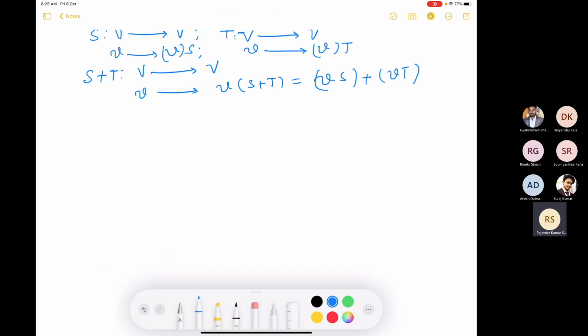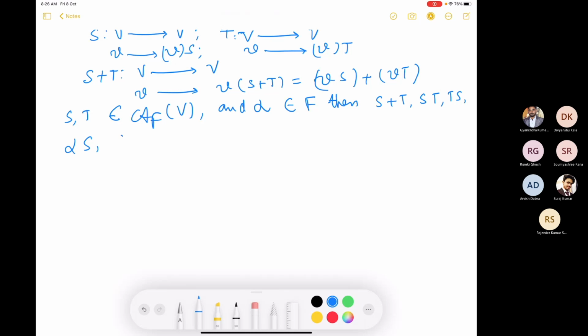So we know that if S and T are in A(V) and alpha is in F, then we know already that S plus T, ST, TS, and all such alpha S, alpha T, all of them like that, are in A(V).